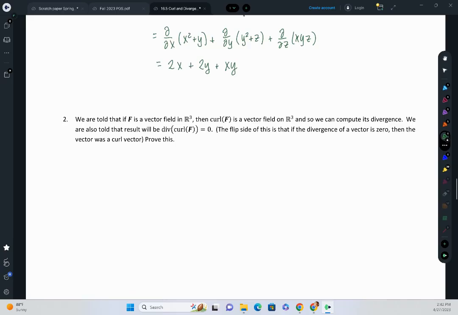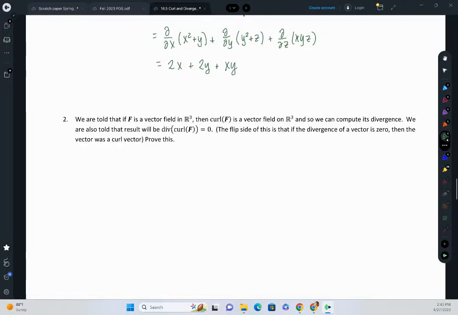And then we are also told that the divergence of a curl vector is always going to be 0. And the flip side of this is that if the divergence of a vector is 0, then that vector was a curl vector. And we're asked to prove this.